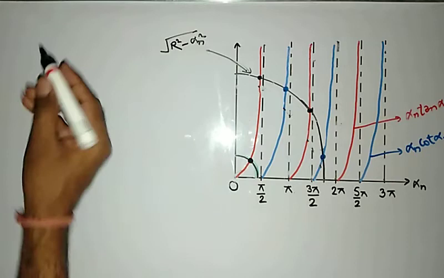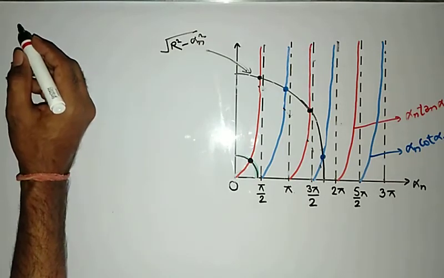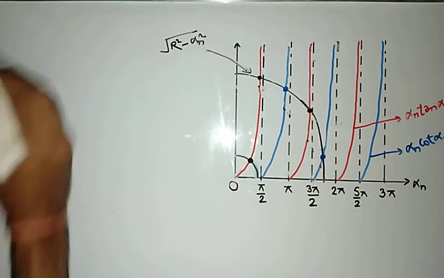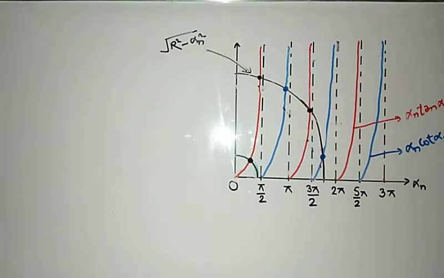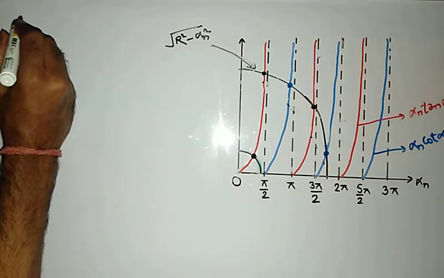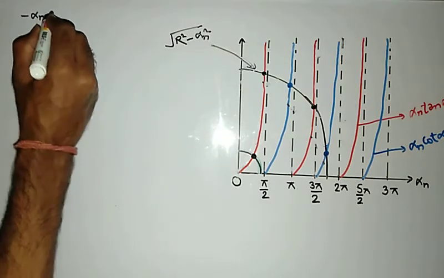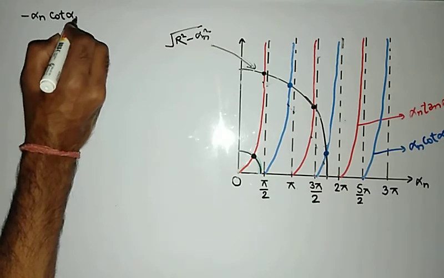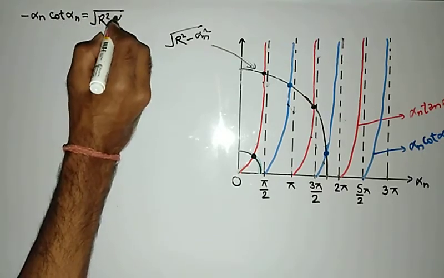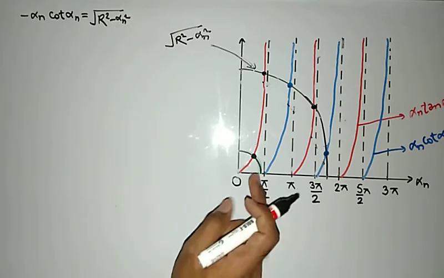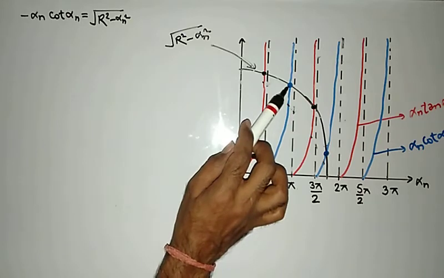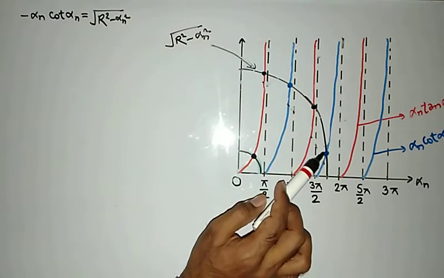This circle also, and this is by these equations which we have got, minus alpha n cot alpha n under root r square minus alpha n square. The graph intersection points are these blue points.